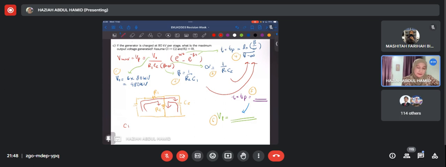Okay, C1. So kalau kita consider C2, the denominator akan tinggal C2, yang ni akan cancel out. That's why C1, C2, R1, betul tak? Alpha R1 C2. Sekejap.